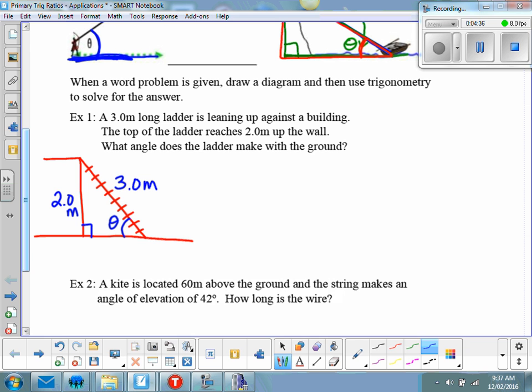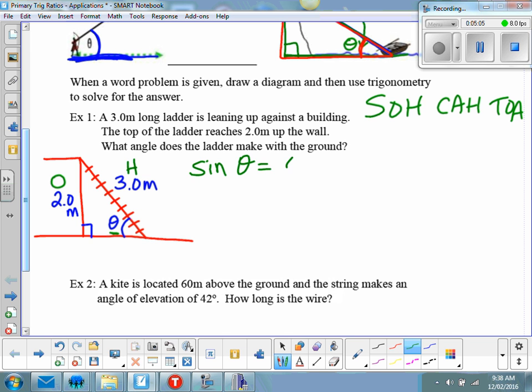And now, if you ignore the word problem part of this, it's just a triangle that we're used to solving. So if I'm working with this angle here, I'm going to label this side opposite and this side hypotenuse. So that means in our SOH CAH TOA, we're going to be using O and H, so it's going to be sine. So sine theta equals opposite over hypotenuse.